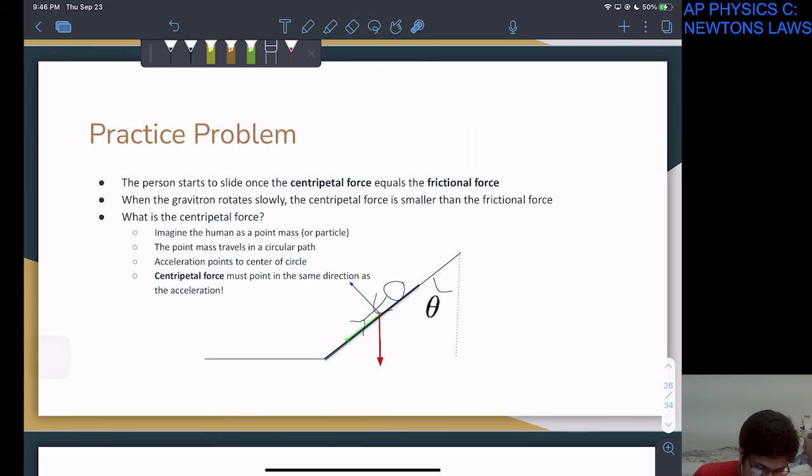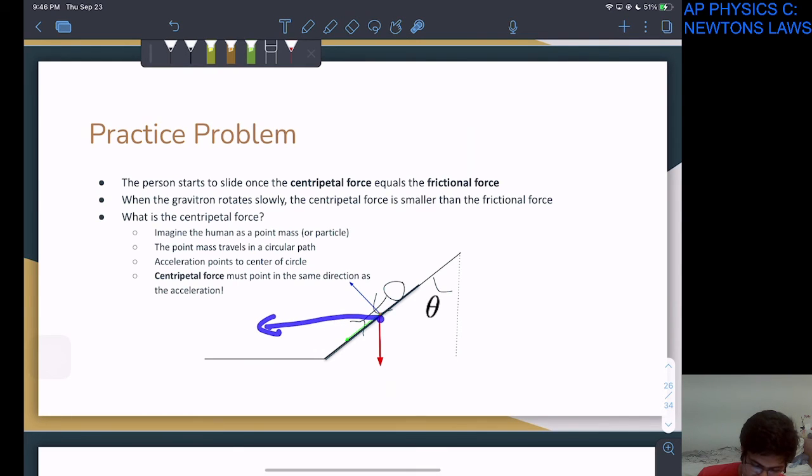So when the Gravitron rotates slowly, the centripetal force is really small, so you're still stuck on the ride. But at some point, you're going to overcome that barrier and you're going to end up moving. So what is the centripetal force? Imagine you're a particle traveling in motion. The acceleration is pointing inwards, right?